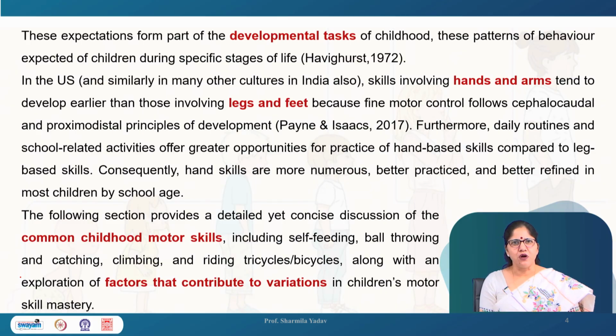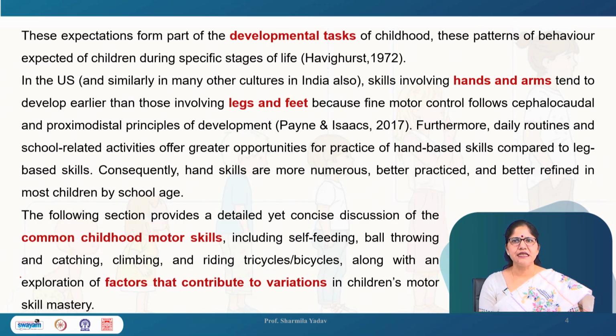These expectations form part of the developmental tasks of childhood. These are patterns of behavior expected of children during specific stages of life. In the US, and similarly in many other cultures, in India also, skills involving hands and arms tend to develop earlier than those involving legs and feet, because fine motor control follows cephalocaudal and proximodistal principles of development.